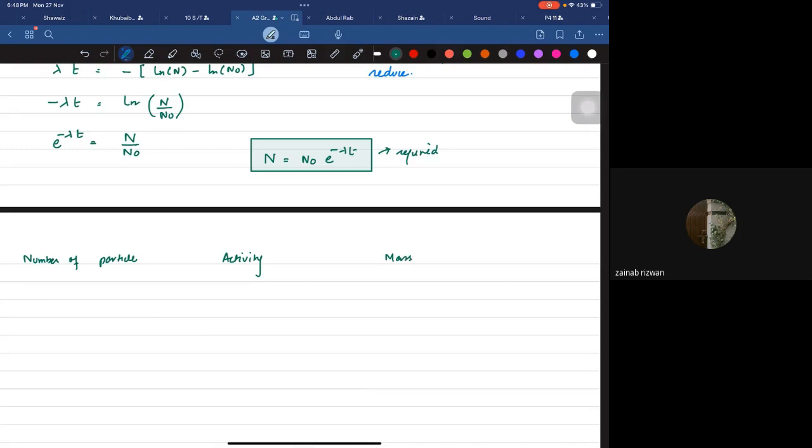For number of particles, you will be using N equals N naught e to the minus lambda t. For activity, you will be using A equals A naught e to the minus lambda t. For mass, M equals M naught e to the minus lambda t. So these are the three formulas that you guys should always remember.